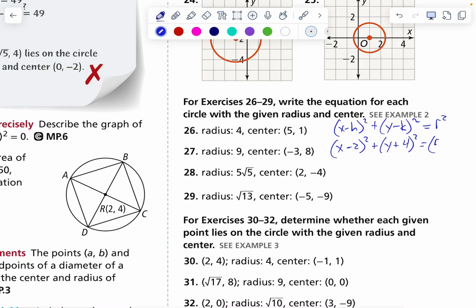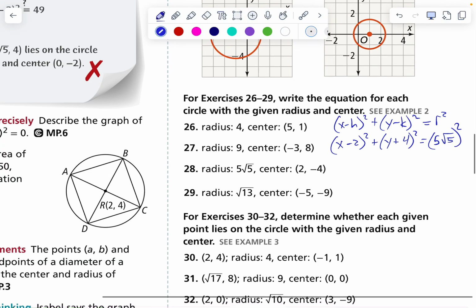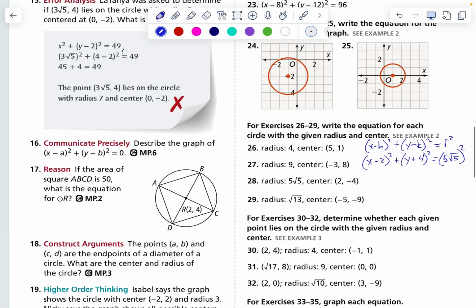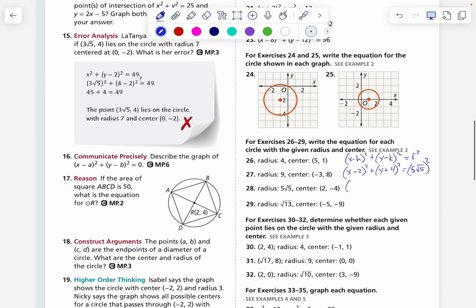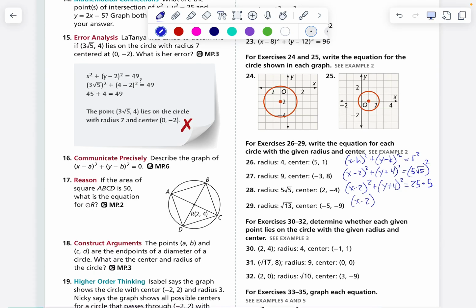Okay, and then if we stick 5 root 5 into r squared, and then square it, well, of course, this left side doesn't change at all. But the 5 on the outside gets squared, and the root 5 on the inside gets squared. What happens when you square a square root? It just cancels, right? So we end up with just 125.